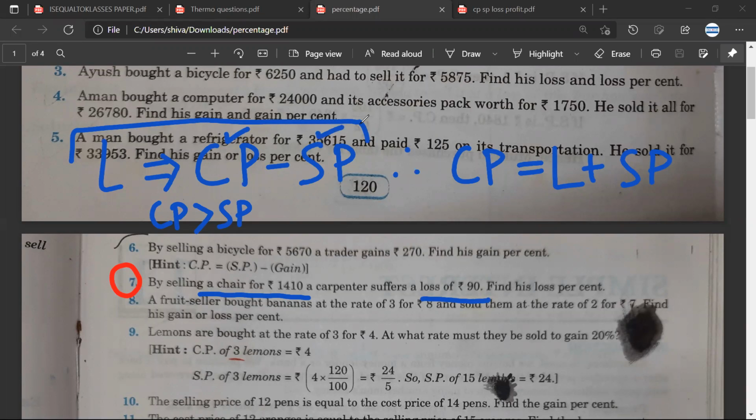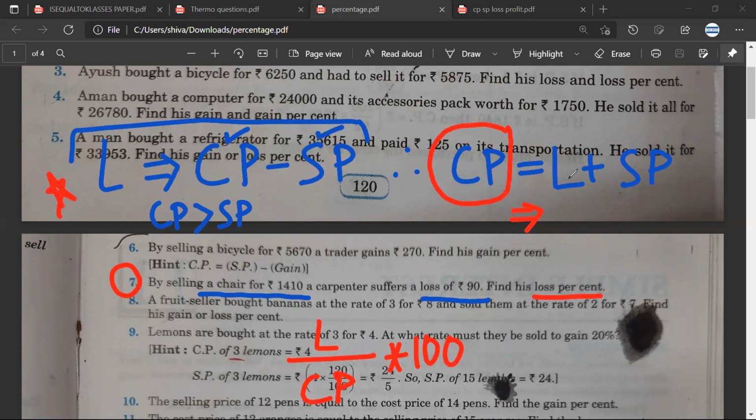Sarthak, is it okay? Have you understood this? Yes, sir. So, see, why do I need to calculate the cost price? I need to calculate the cost price because I need loss percent. And the loss percent is loss upon cost price into 100. Because I don't have the cost price, I need to find it first.